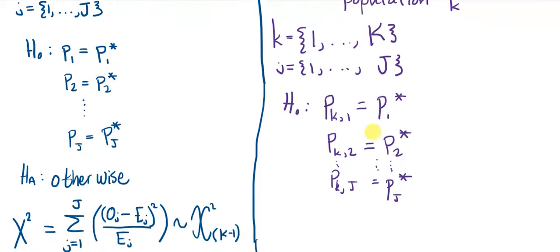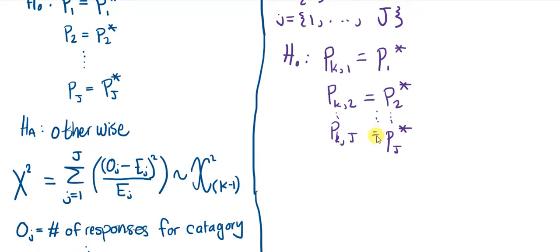Okay, and then the alternative hypothesis in this situation would be otherwise. So one of these groups is different. Before I say that, let me rewrite this hypothesis.